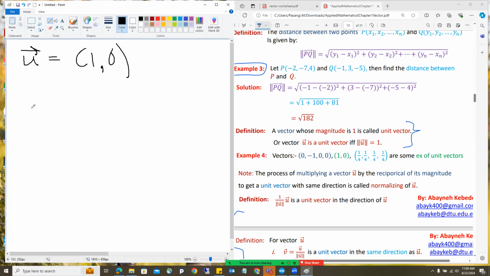To find the modulus of u, which means the magnitude of u, that is 1 squared plus 0 squared, then the square root, again equal to 1. That's how we normally take the magnitude of a vector.